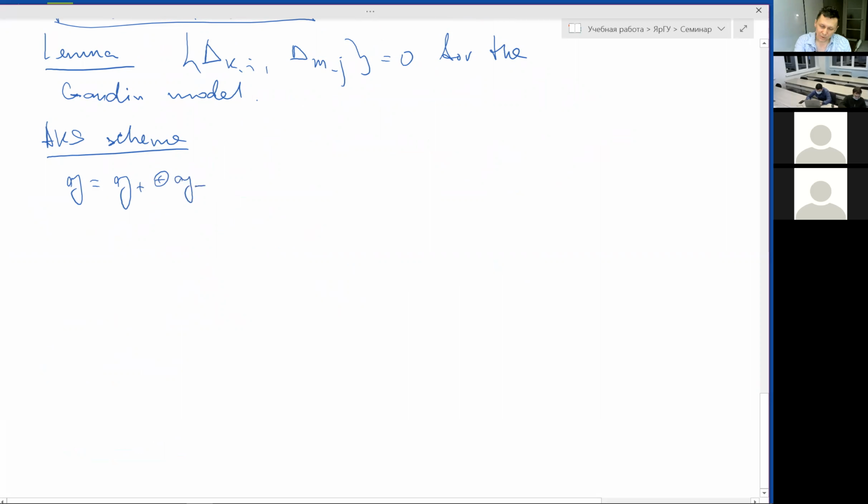And subject to this decomposition, the symmetric algebra of G may also be represented as the sum of subspaces G plus, G minus, S of G. And now I will denote by I the projection.